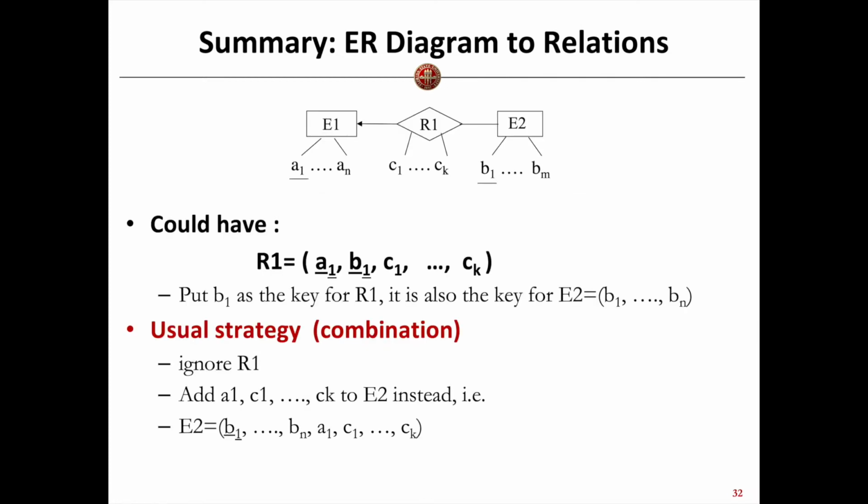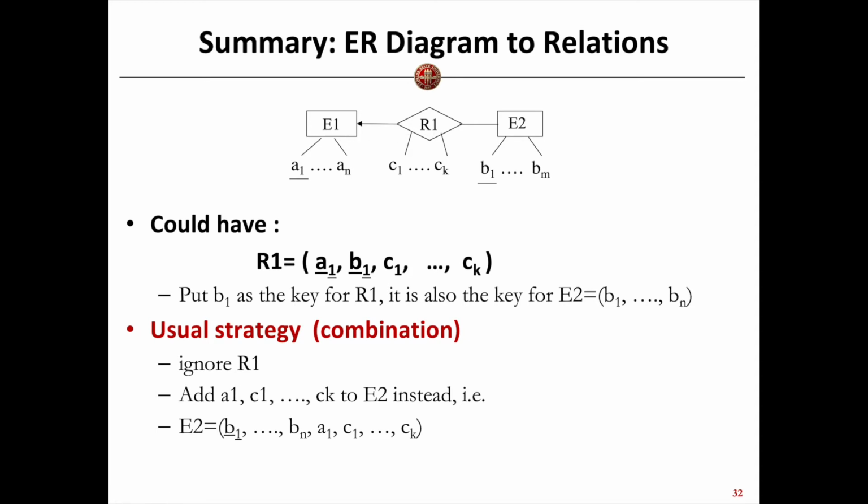And for the relationships with one-to-many or one-to-one constraints, the translation will be slightly different, right? We show an example here. We have E2 and E1. We have one arrow pointing to E1, right? We know that given an entity in E2, we can always find one single entity in E1 to form a relation in R1, right?